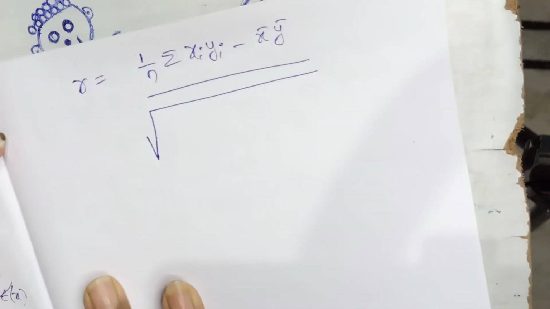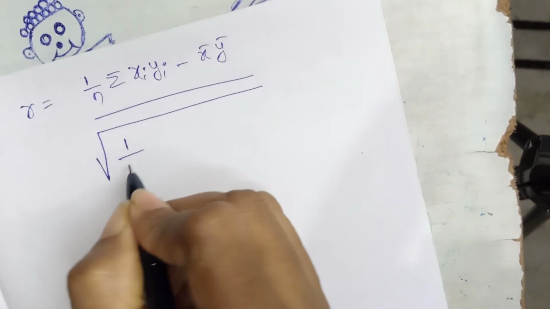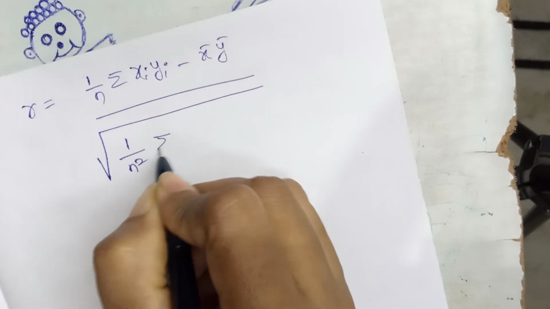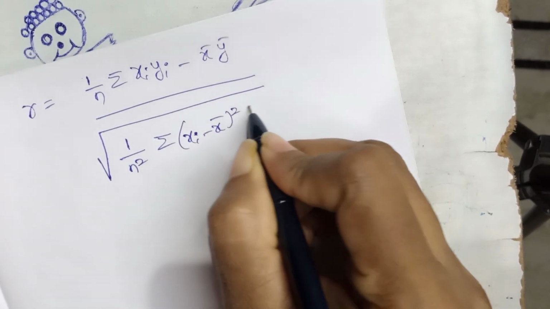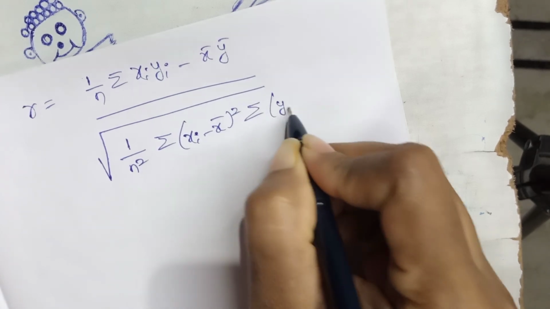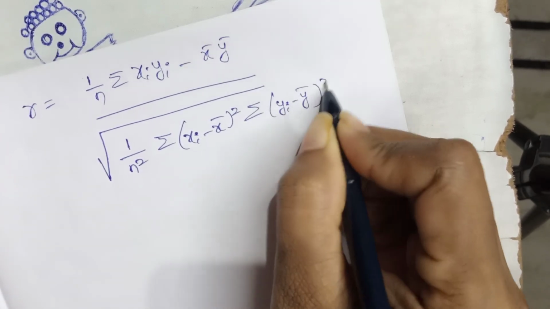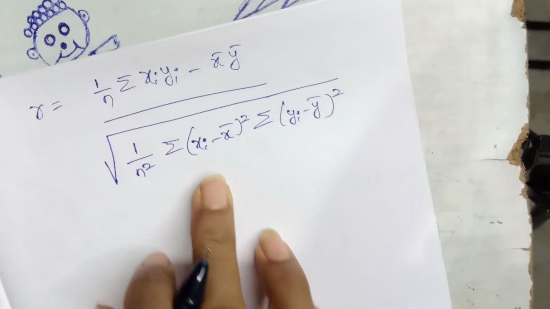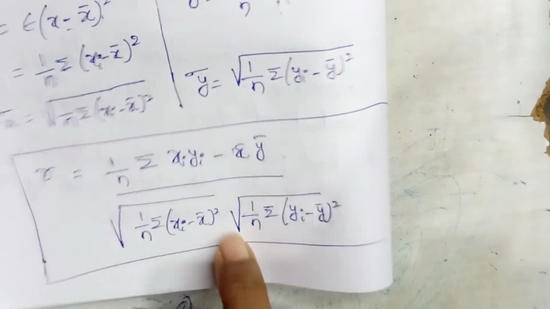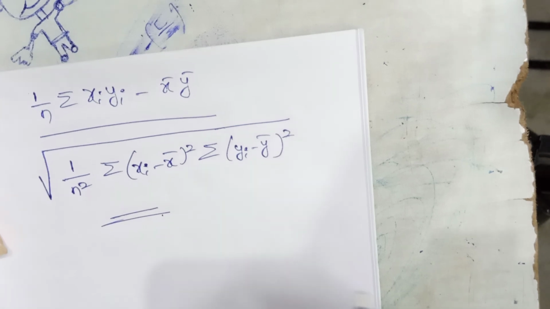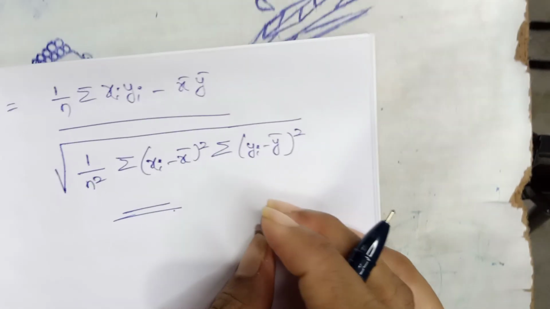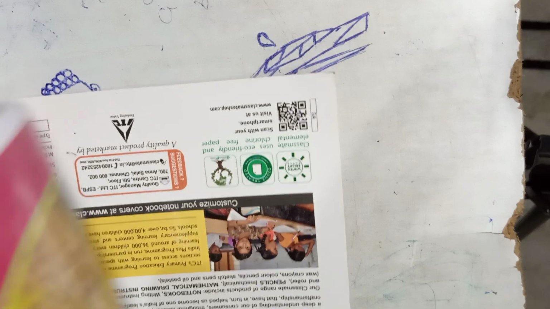So that means what? 1 by n square summation xi minus x bar whole square, again summation yi minus y bar whole square. So like this also you can write this formula. Okay, now which formula? This formula we can write. Okay, so in this way also. So this is the formula for what? Correlation coefficient.